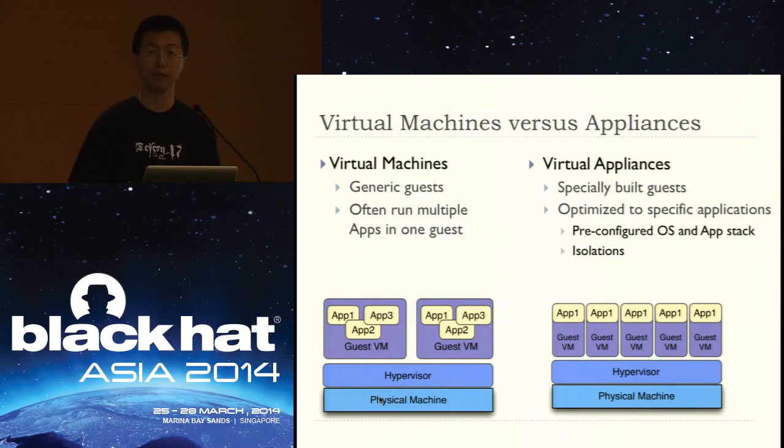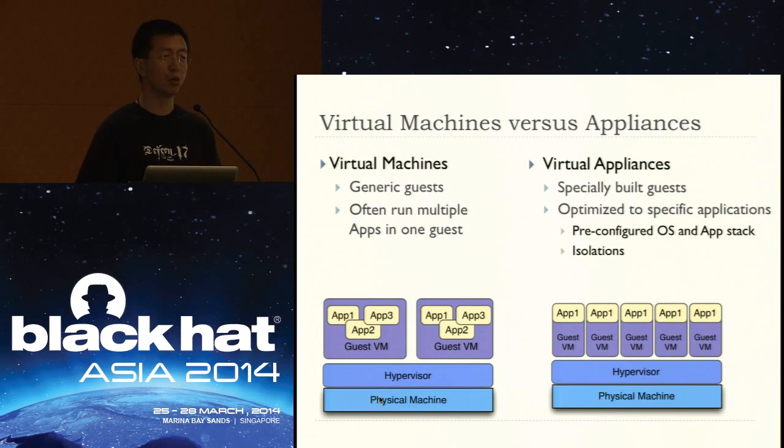Our understanding is that a virtual appliance is actually one special type of virtual machine. When we talk about virtual machines, we usually just consider we're going to run some guest operating system, and likely you're actually going to run multiple applications within that guest OS. You don't really care too much what's running there. Virtual appliances are some special type of virtual machines.